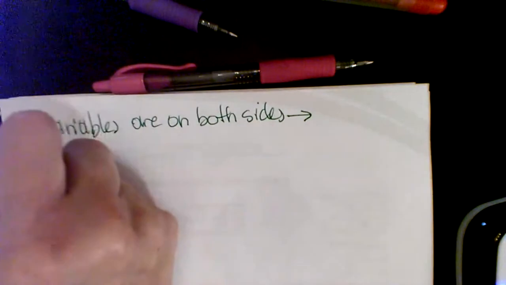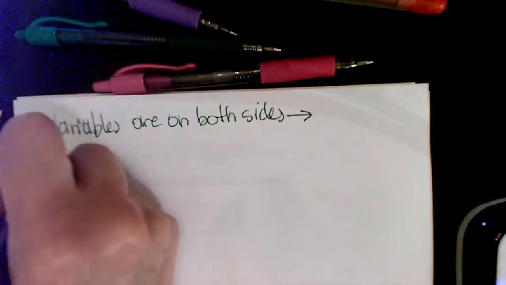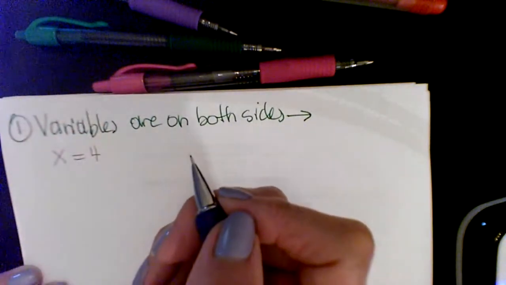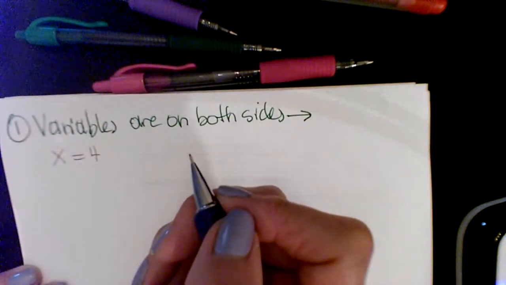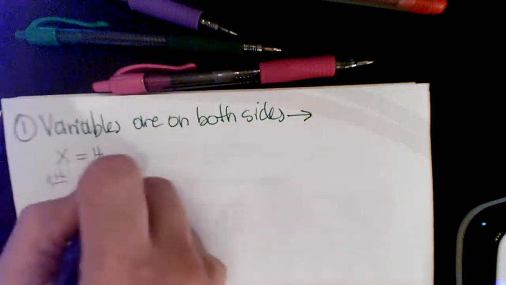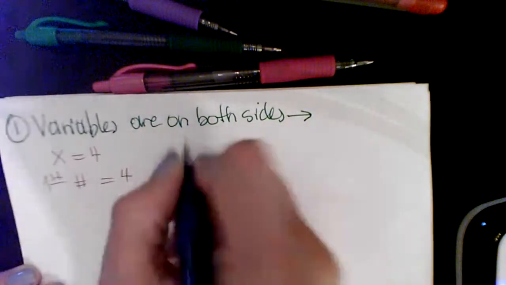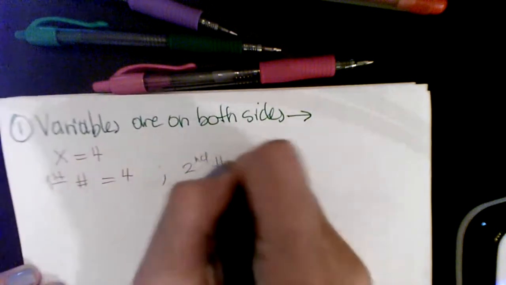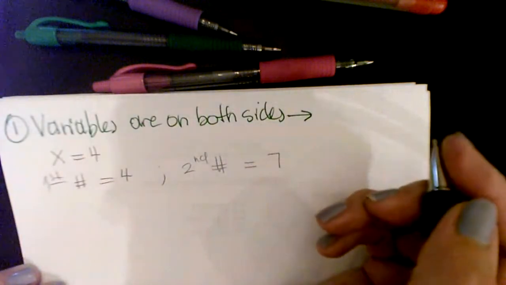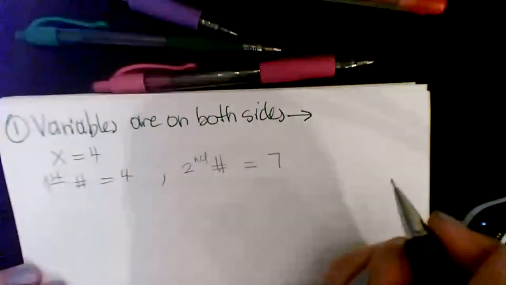So let's say x is equal to 4. All right? So our first number is 4, and our second number is going to be 7. We're just picking numbers. This one was from 1 to 5, and this one was from 5 to 10.